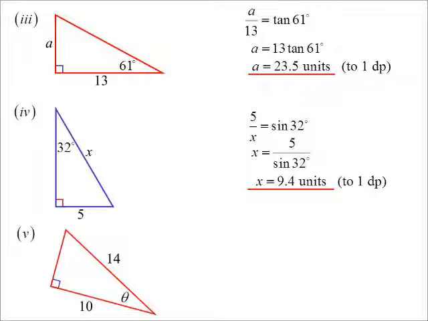So the cosine of theta is 10 on 14. To undo cosine, I have to do its inverse function. And the inverse function of cosine is known as the inverse cosine function. And it's symbolized with a -1 there.